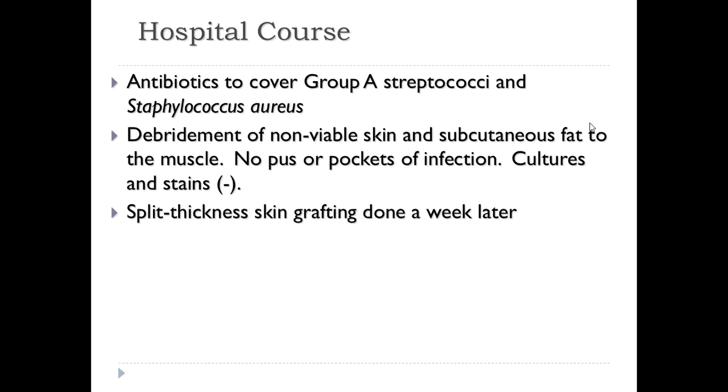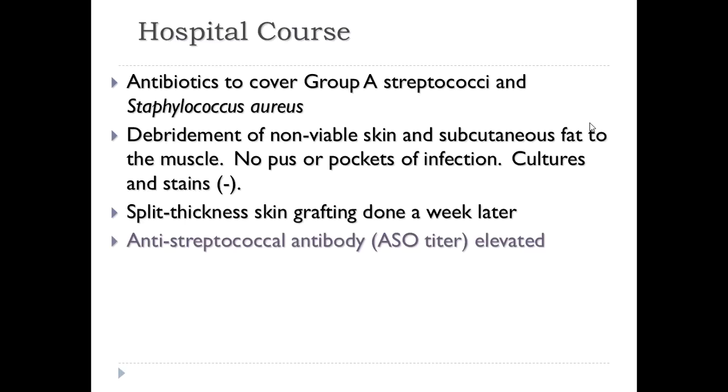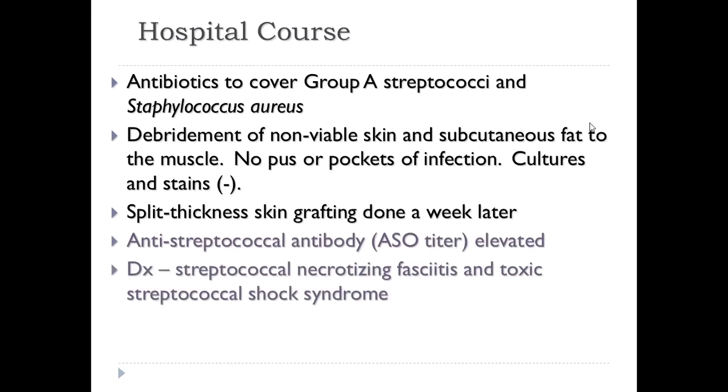We managed the patient's antibiotics, gram-positive cover was given, debridement was continued, skin grafting was also done. Anti-streptococcal antibody titer was positive, and this was a classical case of streptococcal necrotizing fasciitis and streptococcal toxic shock syndrome.